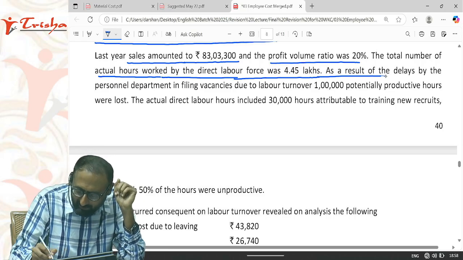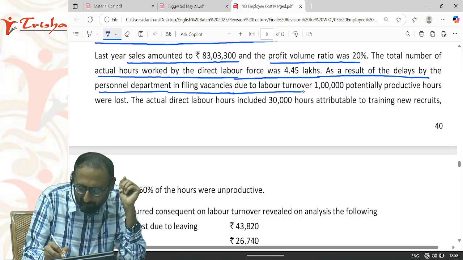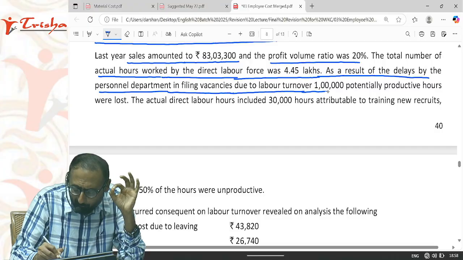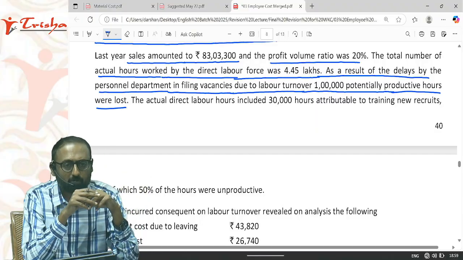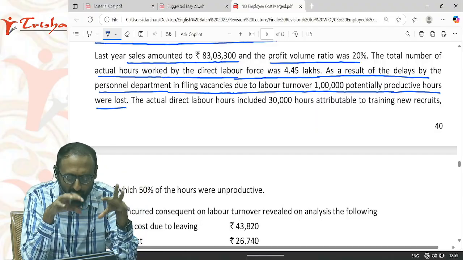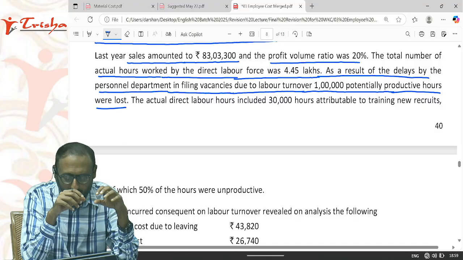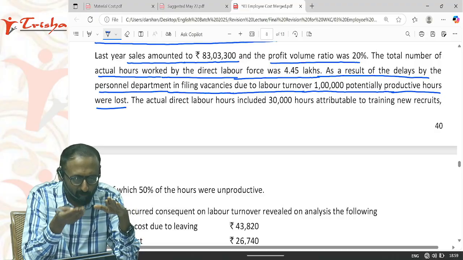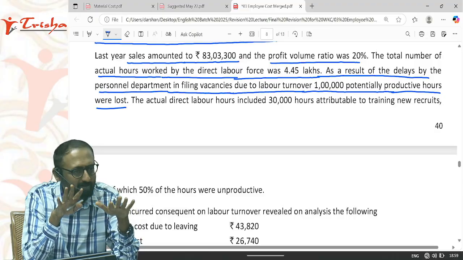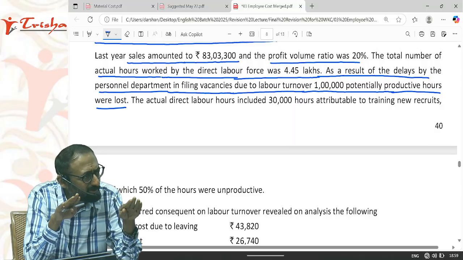As a result of the delay by the personnel department in filling up the vacancies due to labor turnover, 1 lakh potential productive hours were lost. What is that 1 lakh hours? Vacancies are created, so to refill that vacancy, delay has been done, and 1 lakh potential productive hours lost.